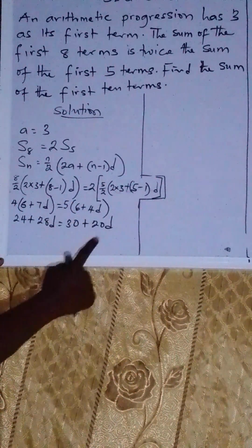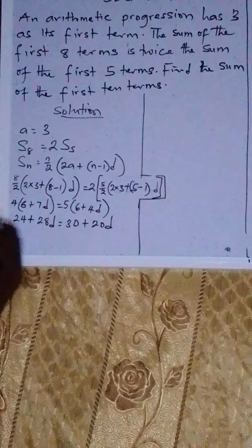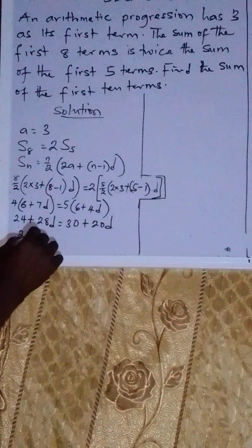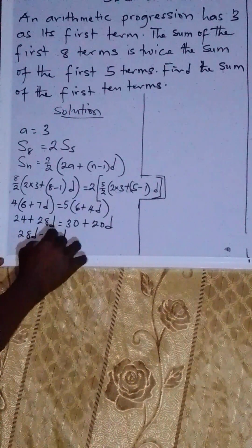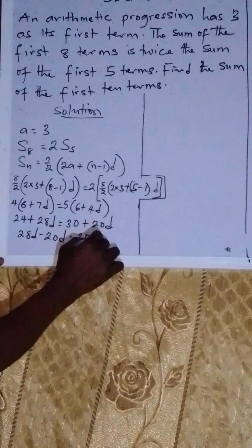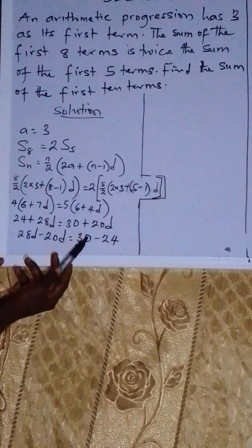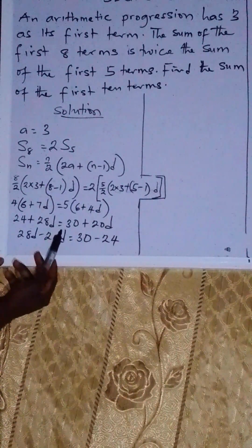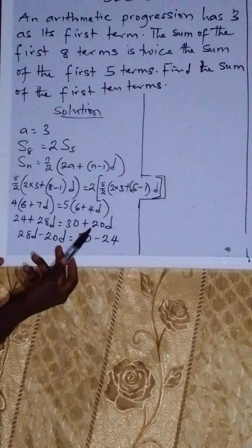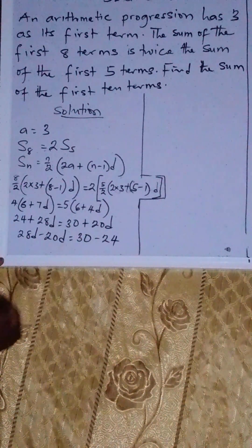Now collect the like terms. The terms with d go on the left hand side, so we have 28d minus 20d equals 30 minus 24. Don't forget, when a term crosses the equality sign, the sign changes. 20d is plus here, and when it gets to the other side it becomes minus.